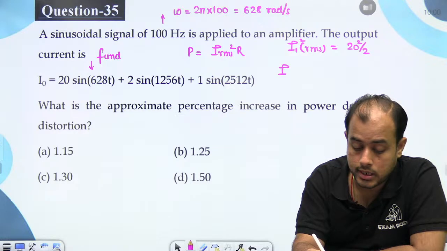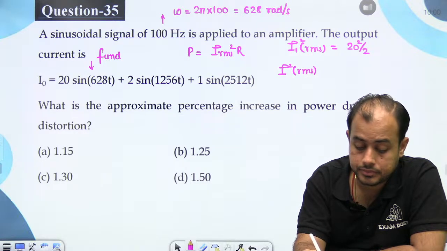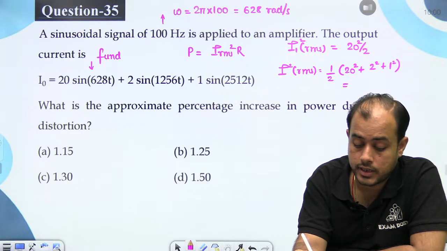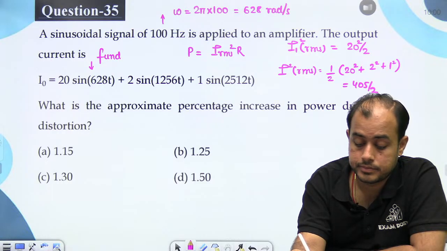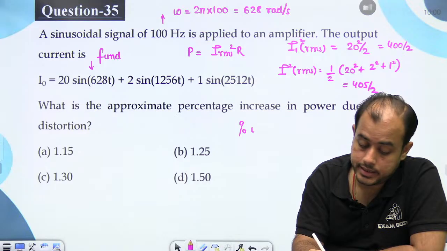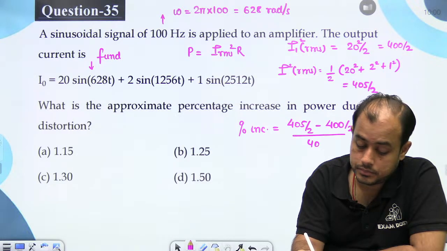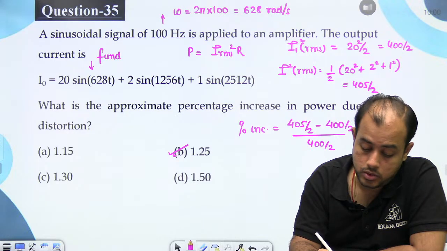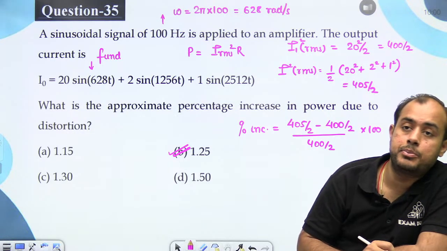And what about the total RMS? (405/2). So percentage increase is 1.25. Okay, it will be 1.25.